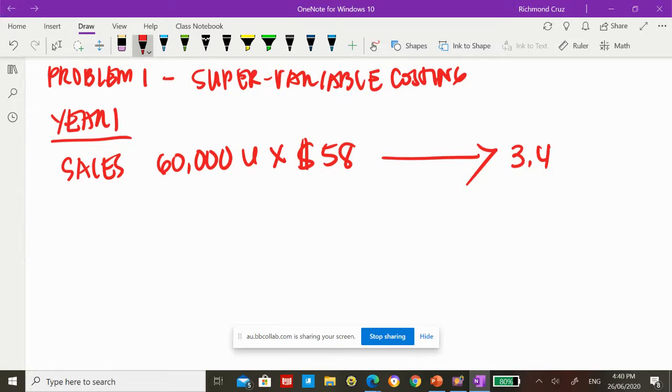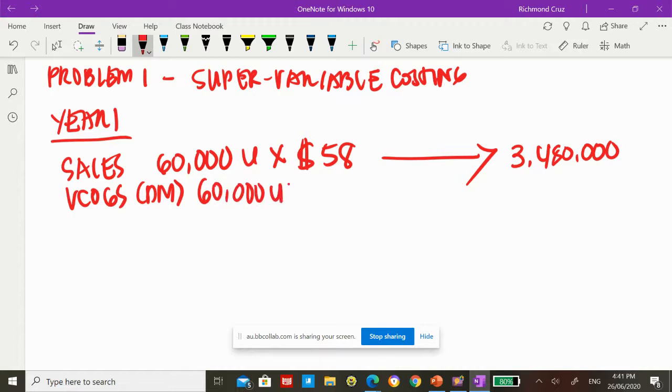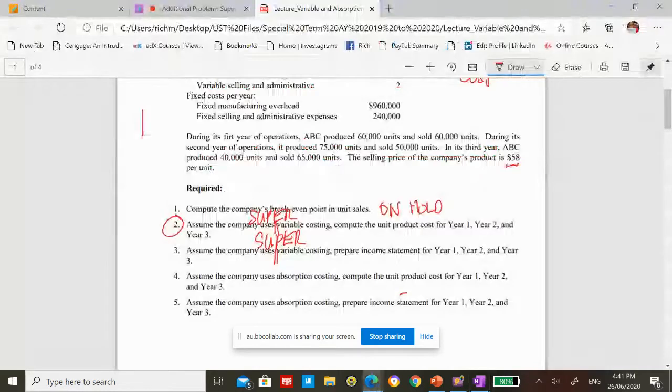Then we need to deduct the variable cost of goods sold or the variable product cost, and this is the direct materials. That is the units sold multiplied by 20, because the product cost is 20.